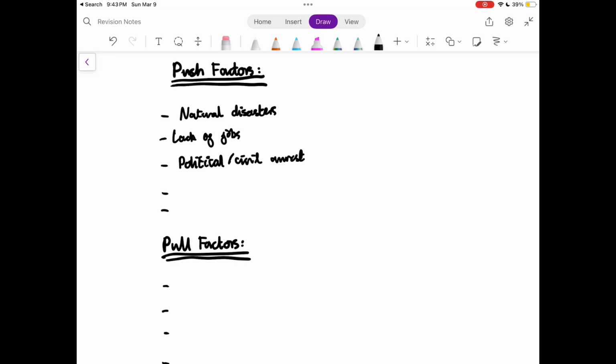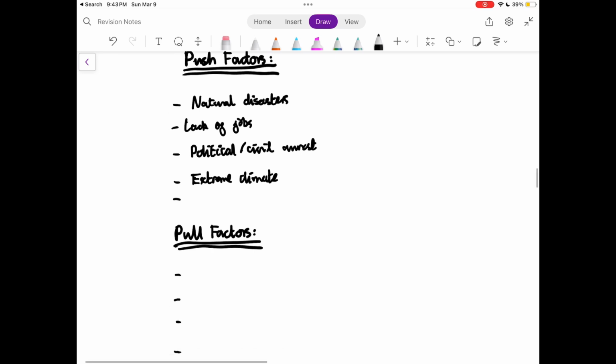The next thing is an extreme climate, and this is because they may be living in areas which are not habitable for humans to live in, so it forces them out of the area. And the last thing is high crime. So this can lead to less safe societies, and it can cause people to migrate out of the area.